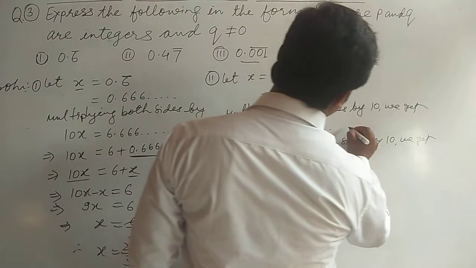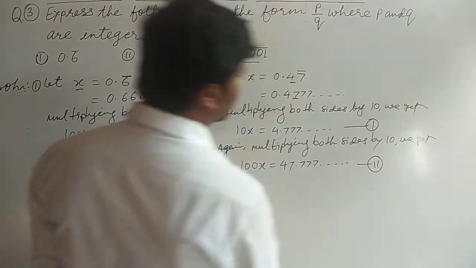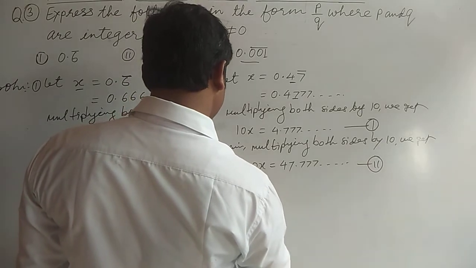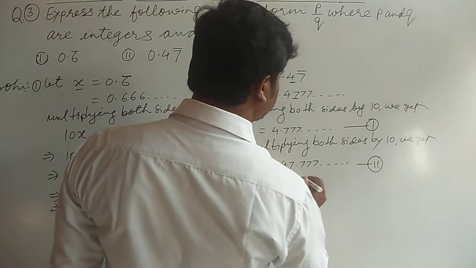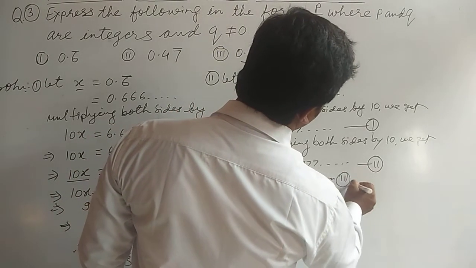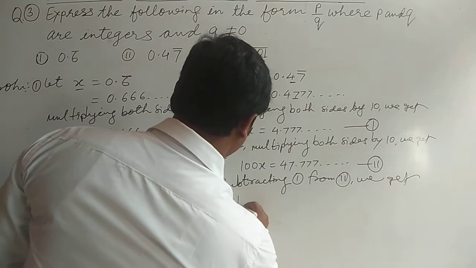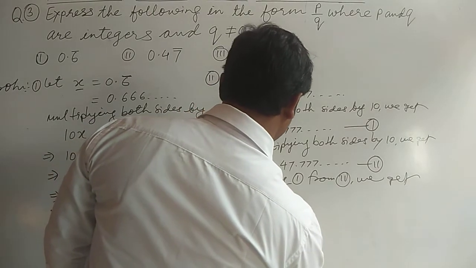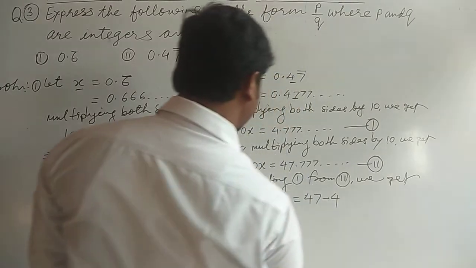Suppose this is equation 1 and this is equation 2. So subtracting 1 from 2, we get 100x minus 10x equal to 47 minus 4.